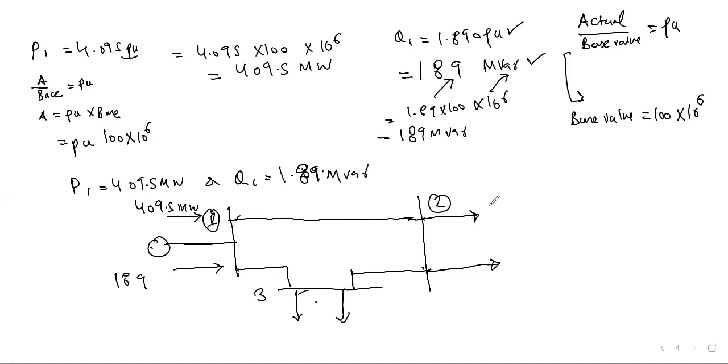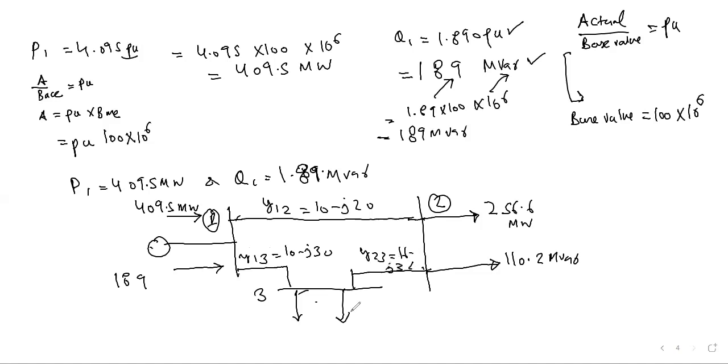Here I know there was 256.6 megawatts, and here it was 110.2 MVAR. The rest of the values I know: Y12 was equal to 10 minus J20, Y13 was equal to 10 minus J30, and Y23 was equal to 16 minus J32.